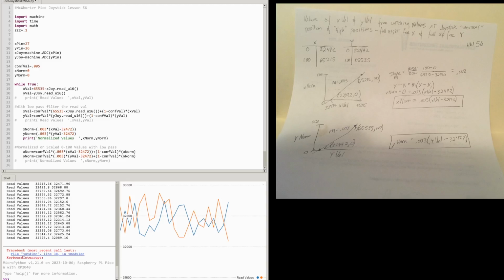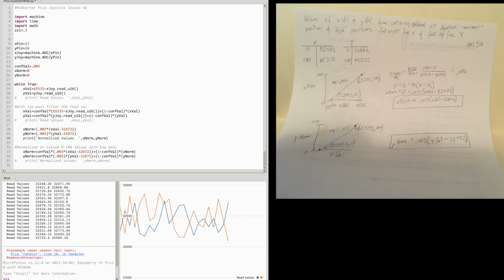These were the most common values that I was getting, and I just looked at them and did an average. Strangely enough, the average for the X and Y on the low side came out to be the same number, 32,472 for both of these.